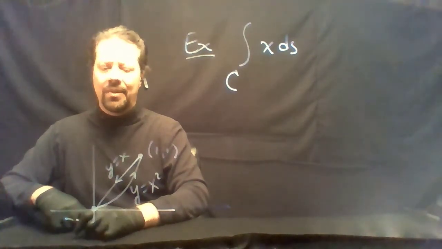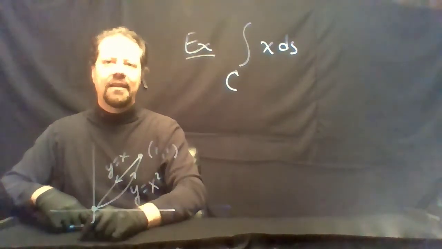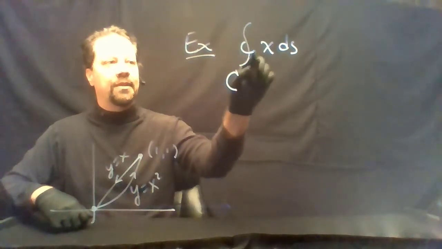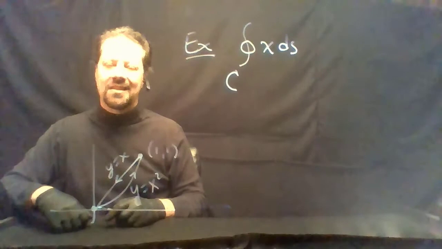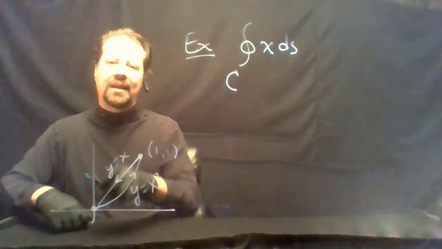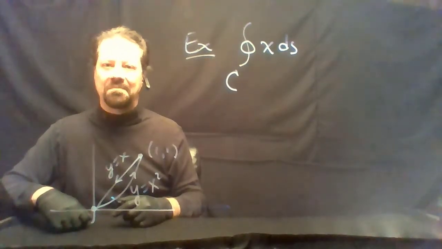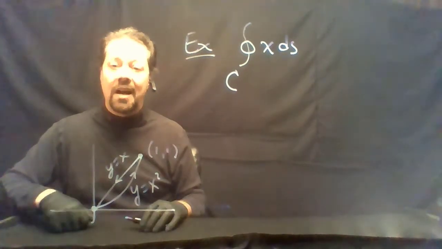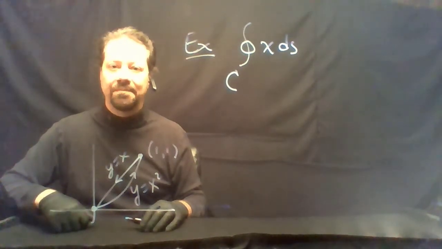This will give us a closed loop. It is appropriate when integrating on a closed loop to put a little circle around these little line integrals, indicating we're going on a closed path. Though the use of the circle is not necessary, it is optional.